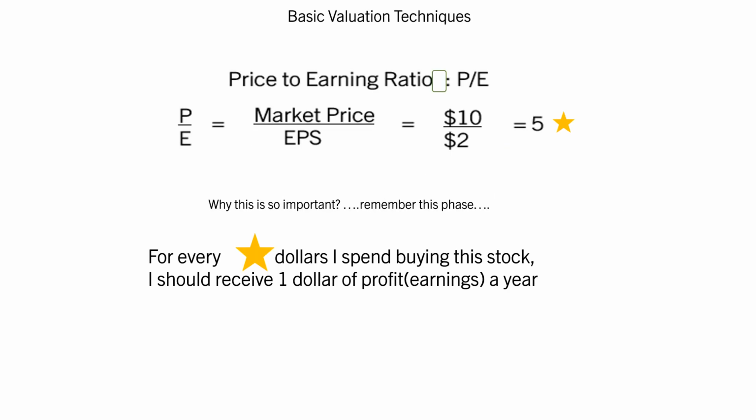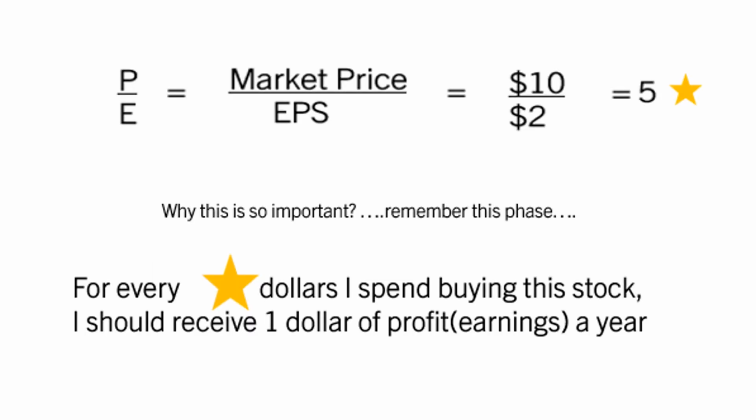So what does that mean? That number 5 that we came up with, what does it actually mean? Why is that number so important? The best way I can describe the PE ratio is to remember this phrase. If you read this phrase, for every star, you replace it with the PE ratio.